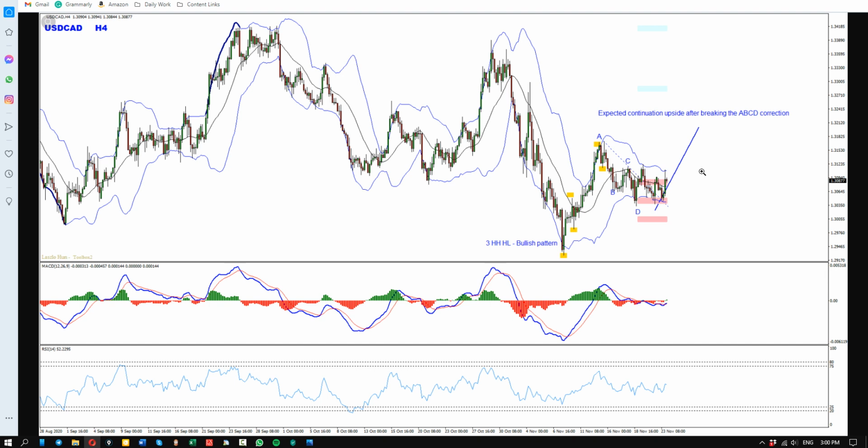One of them turned out a winner, one of them turned out a loss, and I want to show you how you manage these positions and when to cut a winner and when to cut a loss.